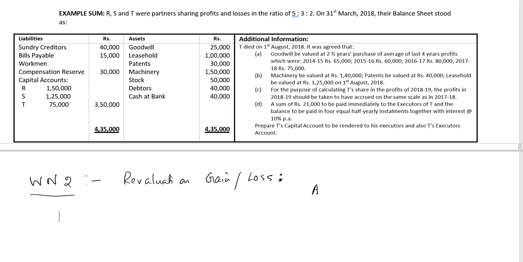We can just do the add-less approach to get the gain or loss on revaluation, because we are not asked to prepare it as part of the answer. The first, machinery, has to be valued at rupees 1,40,000. Book value is 1,50,000. So under less we'll write 10,000.